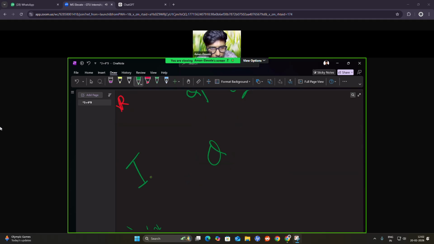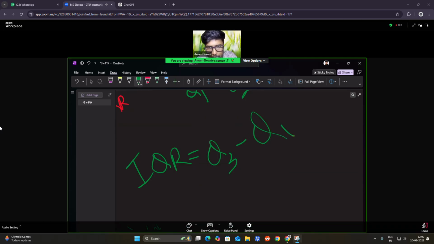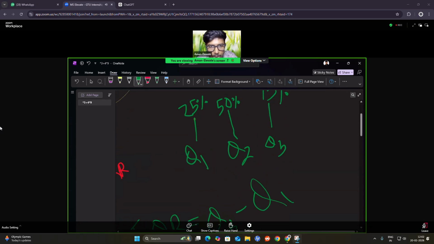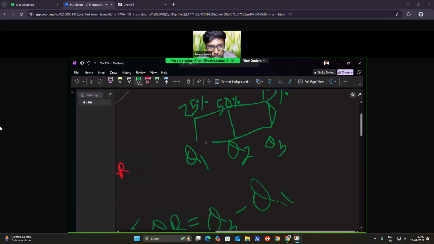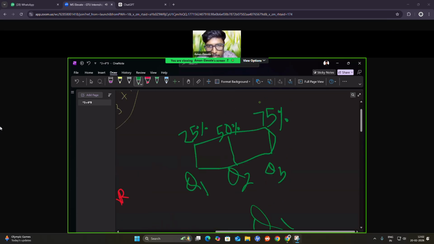IQR is Q3 minus Q1. Then this range will come. Basically you are subtracting 75 minus 25, so this range will come, right?